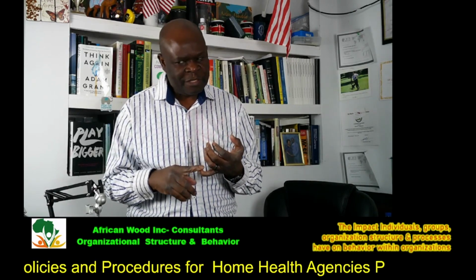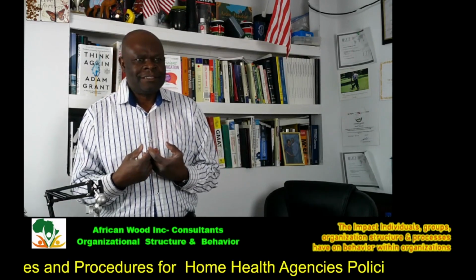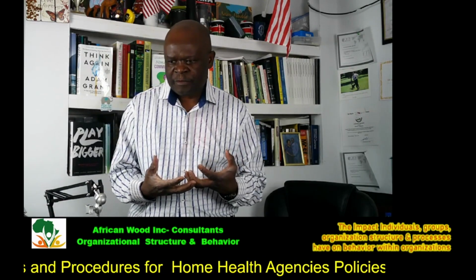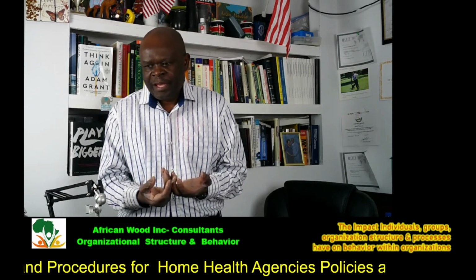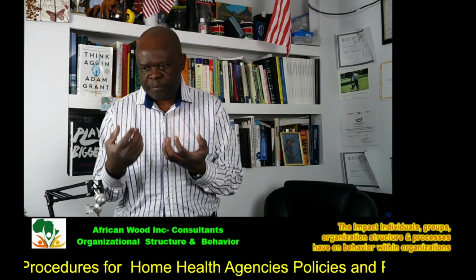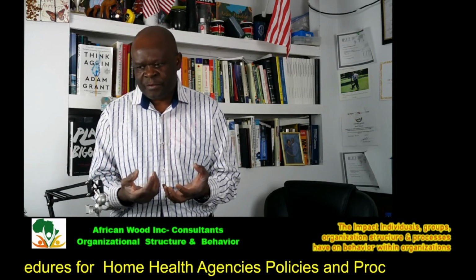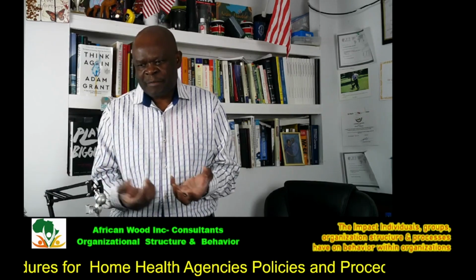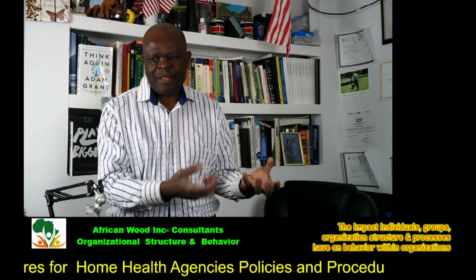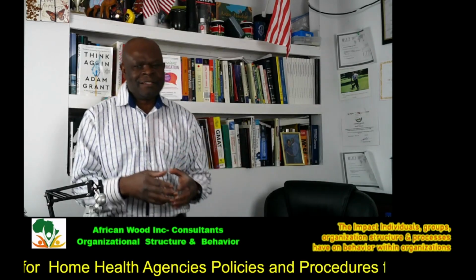What is your mission statement? What is your vision? And what do you value? For example, you could say that you respectfully and compassionately, with grace and gratitude, meet your customers' home health needs. Okay, something like that.